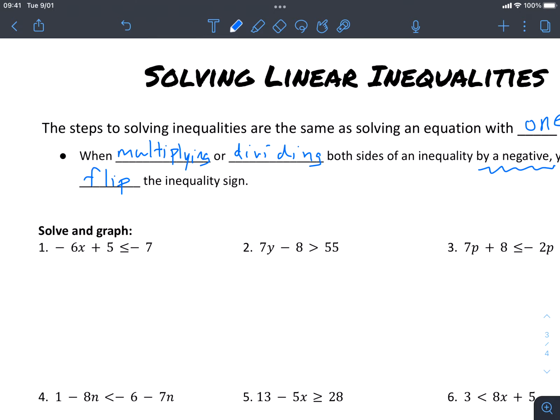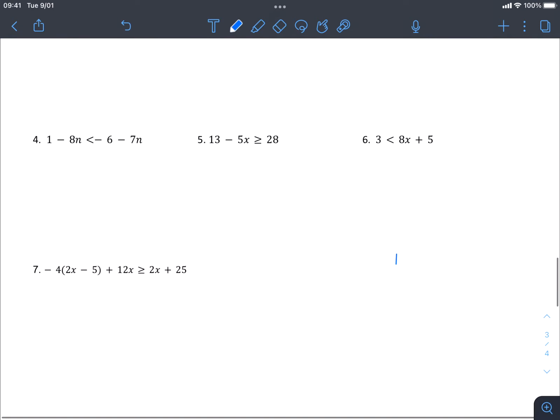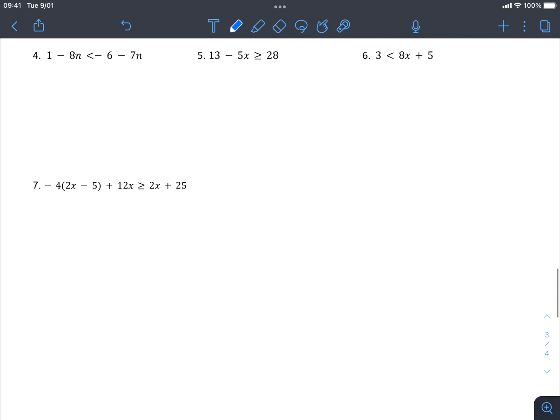So let's try it out. Just as a quick review, when I see this, I do this, okay? So when I see addition, I do the opposite.